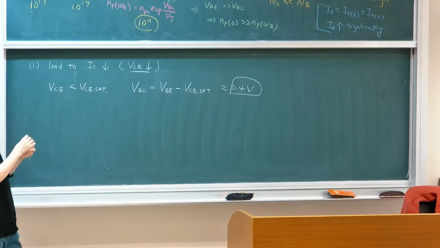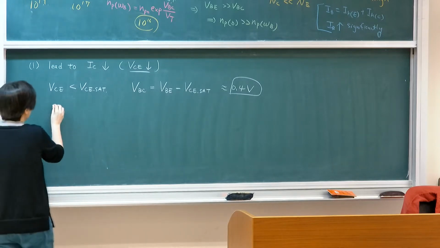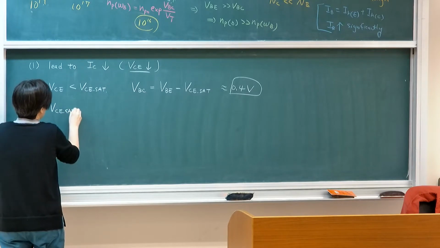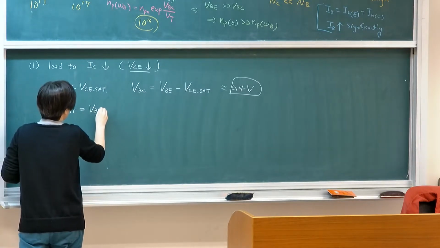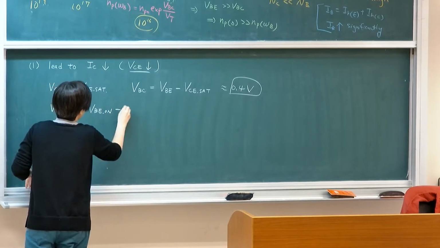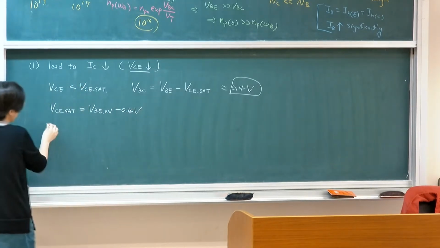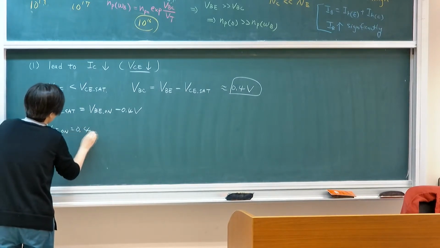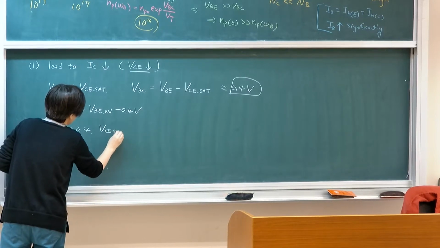It will depend on VT, of course, but because of the exponential nature, if it's close to 400 millivolts, then you will see a significant difference in the gradients. So that is why, if you want to define VCE sat, we'll typically define it as VBE on minus 0.4 volt. So let's say if my VBE on is set to 0.4, then VCE sat is typically at 0.4 volt.